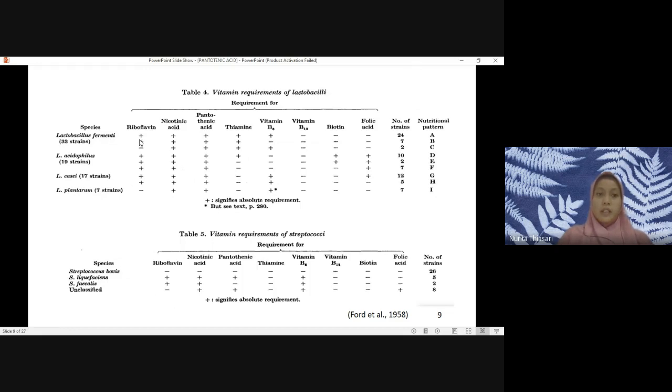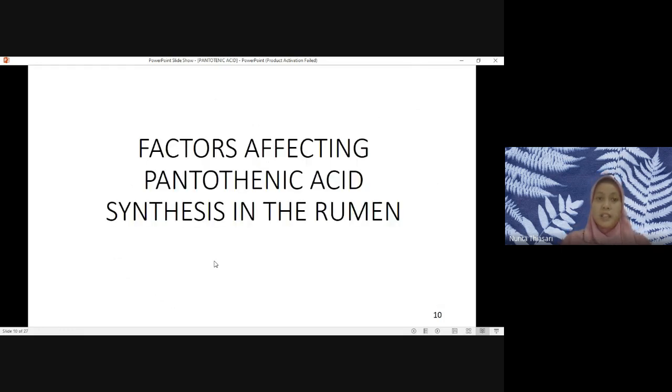It needs riboflavin, nicotinic acid, thiamine, and vitamin B6 besides pantothenic acid for its growth. And it also happens for the other microbes you can see in the other microorganisms. And then we move to the factors affecting pantothenic acid synthesis in the rumen.